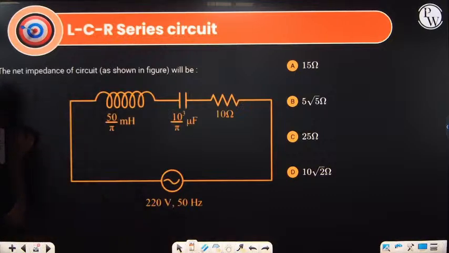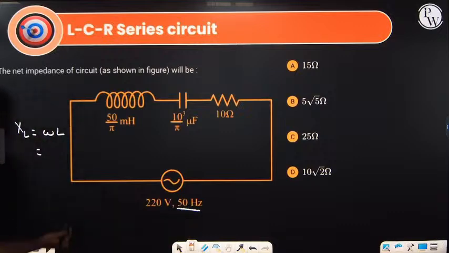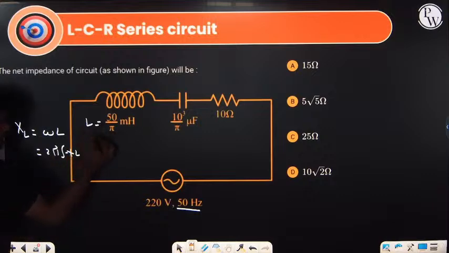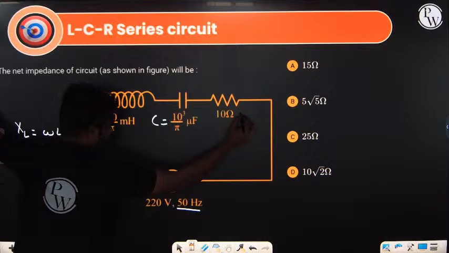What is inductive reactance? Omega multiplied by L. What is omega? It is not mentioned, but the frequency is 50 hertz, so omega is 2 pi f into L. This is the value of the inductance, this is the value of the capacitance, and this is the value of the resistance.